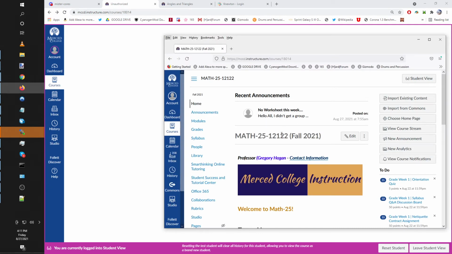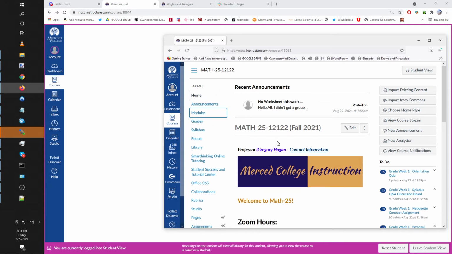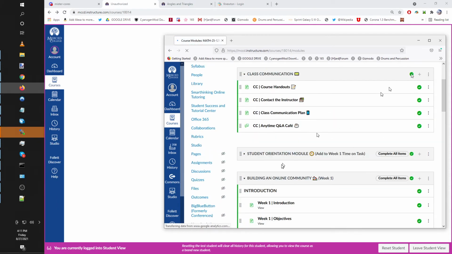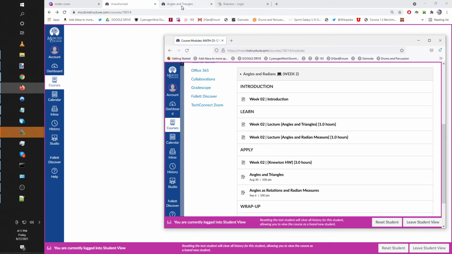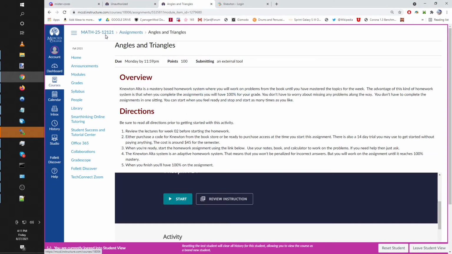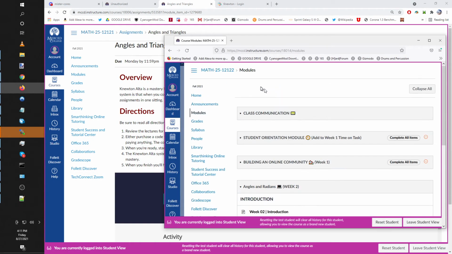But since this is a different browser, I'm not logged in for anything here, so I can go to class 122, click modules, student view, and so on. So this web browser is in class 12121 as a student. This web browser is in class 12122 as a student, and they're not interfering with each other.